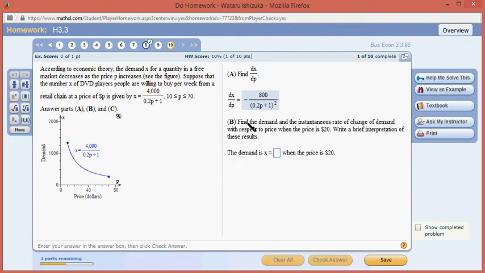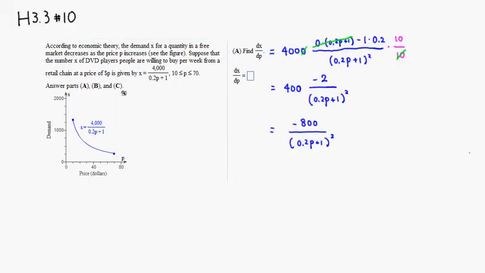Part B: find the demand and the instantaneous rate of change of demand with respect to price when the price is 20. Write a brief interpretation of these results. P is 20, so for the instantaneous rate of change, the derivative is dx over dp, and we plug in p equals 20.